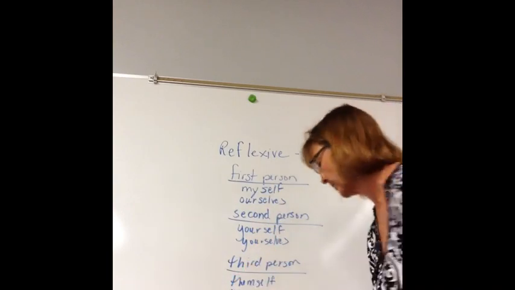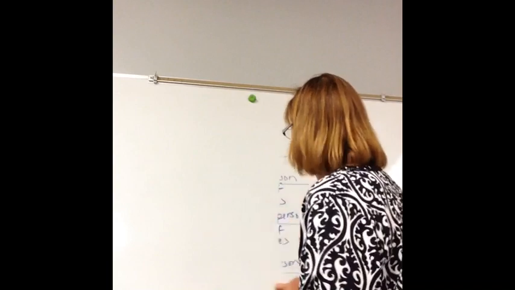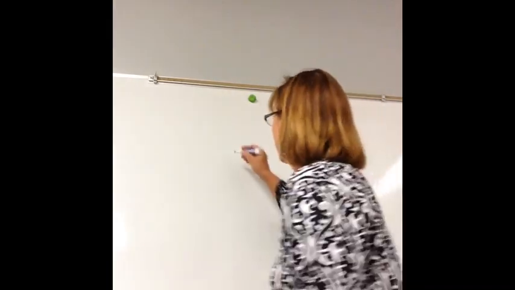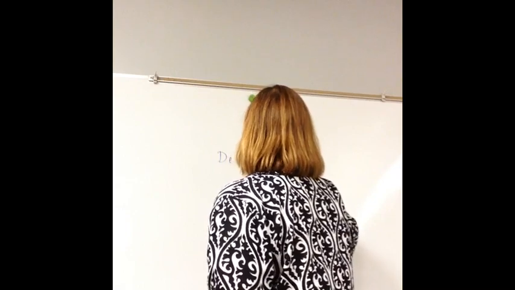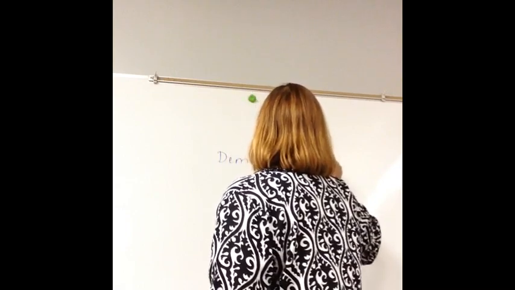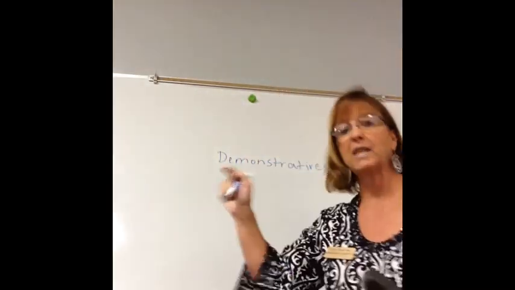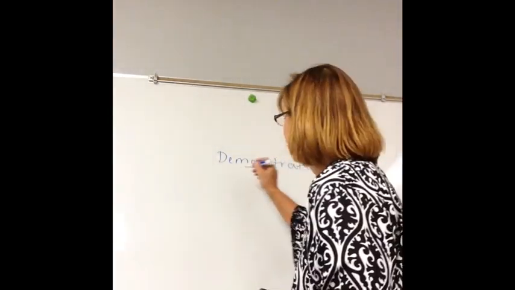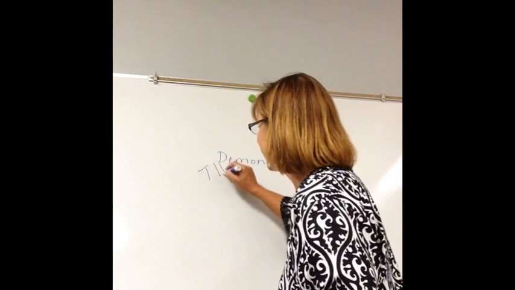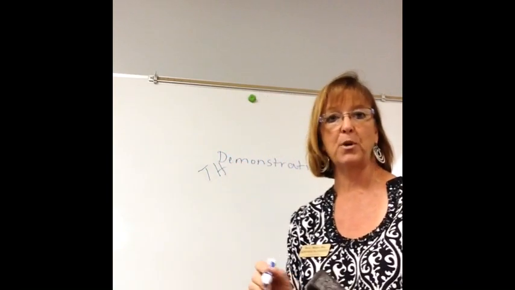Now, another type of pronoun is demonstratives. So when you demonstrate something, this is when you're pointing out something. So these pronouns all start with TH. So I call them my TH pronouns.